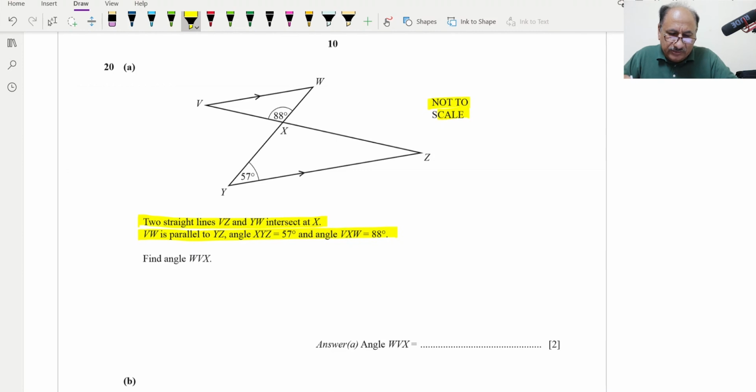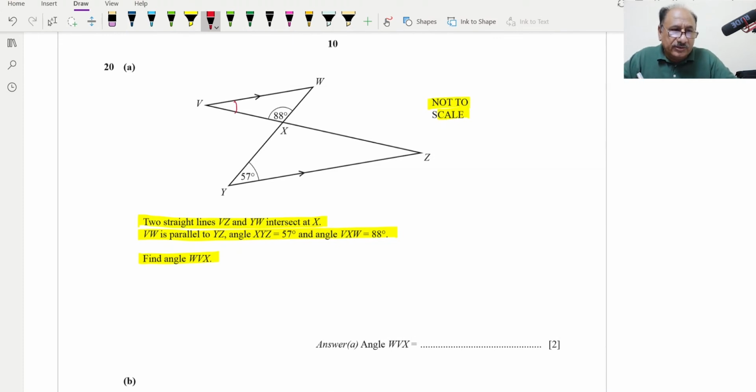Angle XYZ is given as 57, and angle VXW is equal to 88 degrees, and find angle WVX. So basically this angle is required.